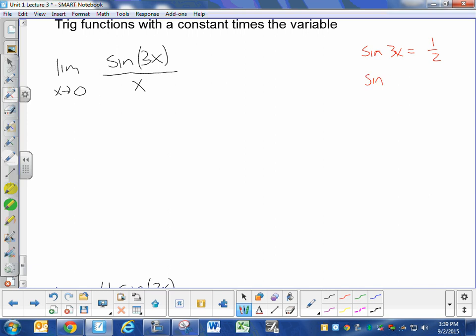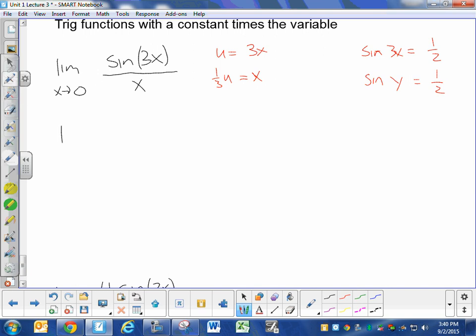So I make it like the sine of y. Well, I'm going to do that. I'm going to say, all right, let's replace 3x with a u. I'm going to say u is going to be equal to 3x. Well, it's going to help me if I know what x is equal to as well. X will be equal to 1/3 u, or u over 3. Kind of flip-flopping the variable that's solved for.